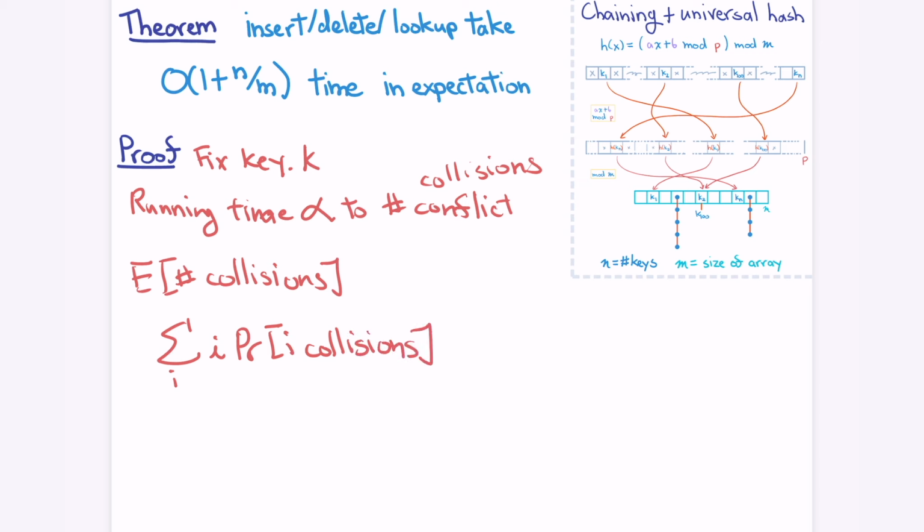So I guess we have to figure out what's the probability that there's i collisions. To be clear, we're using a universal hash function.